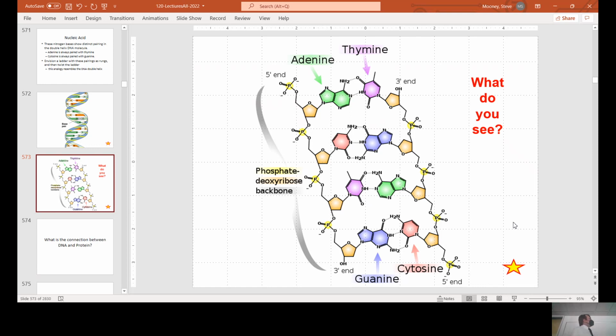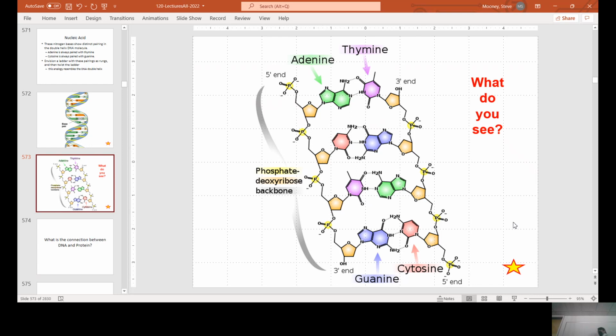We've got the same on both sides. Then off the sugars, we've got our nitrogenous bases that determine which nucleic acid we have. So phosphorus, sugar, base, that's one nucleotide. Phosphorus, sugar, base, nucleotide.